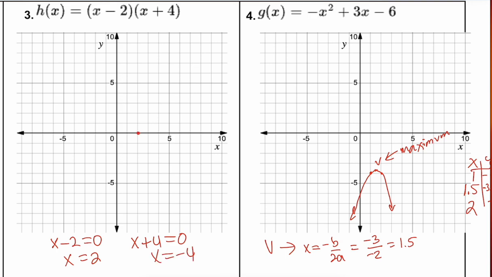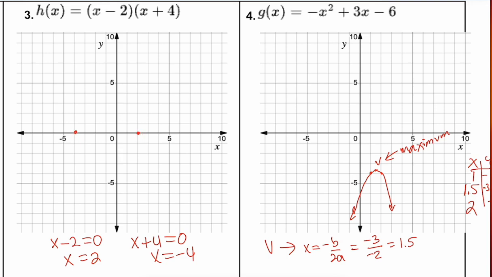So I have some very good points, right? I know it hits it at 2 and -4. I know that these x's are positive, so it is going to be something shaped like that because it has to be pointing upward, it has to go through those points. The vertex has, because these are of equal height, the vertex has to be smack dab in the middle of that.